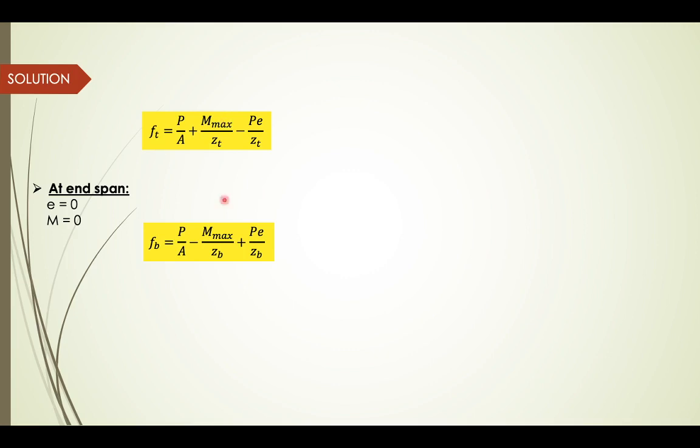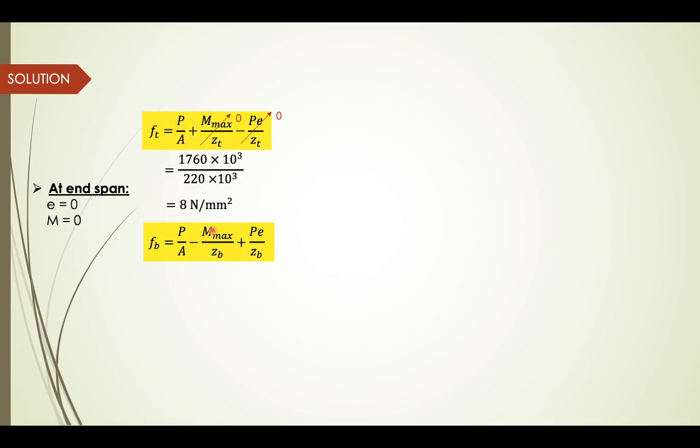So we are going to use the similar equation that we used previously, and cancel out a few values, which are the moment values in the moment equation as well as the one with the eccentricity value. So we have M max equal to 0 and also PE equal to 0. By substituting the values, we are left with only P over A.